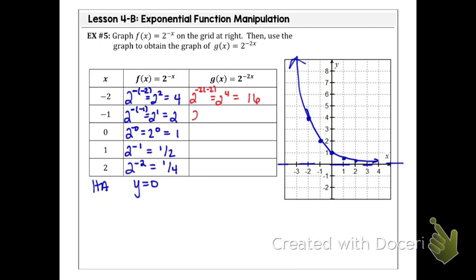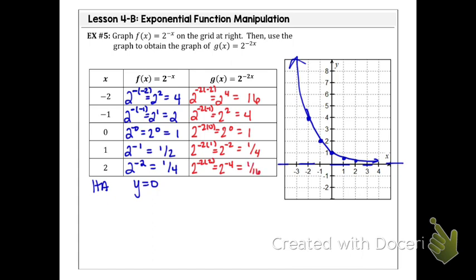And then we have 2 to the negative 2 times negative 1, which is 2 squared, which is 4. 2 to the negative 2 times 0 is 2 to the 0, which is 1. 2 to the negative 2 times 1 is 2 to the negative 2, which is 1/4. And then 2 to the negative 2 times 2 is 2 to the negative 4, which is 1/16.